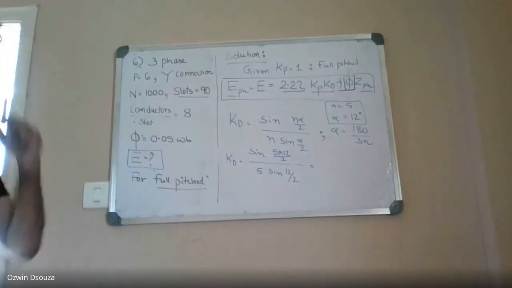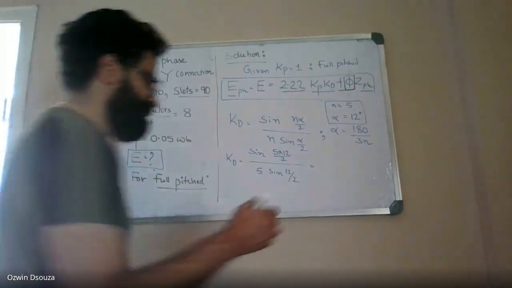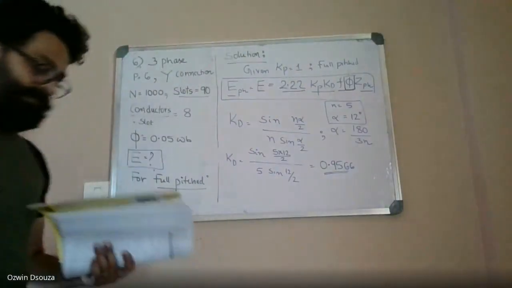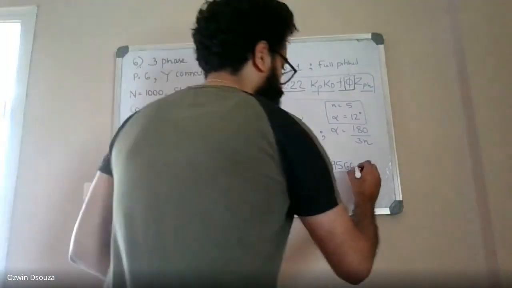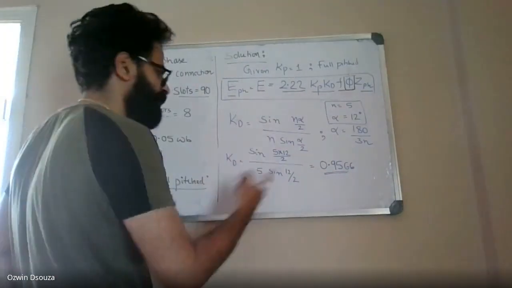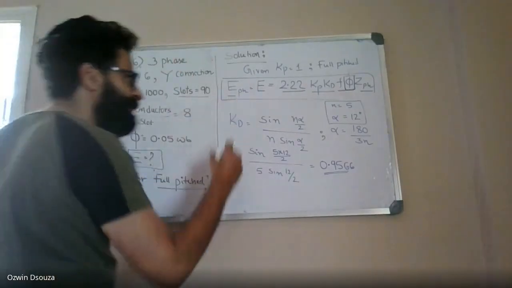So tell me how much you'll get. You'll get 0.9566. You may take 3 digits after the decimal point, or more than that also you can take. Fine. So that's about Kd.